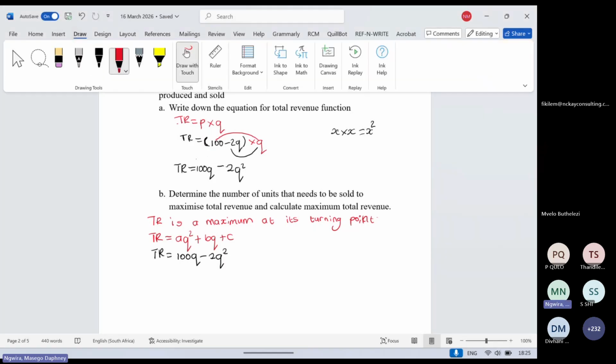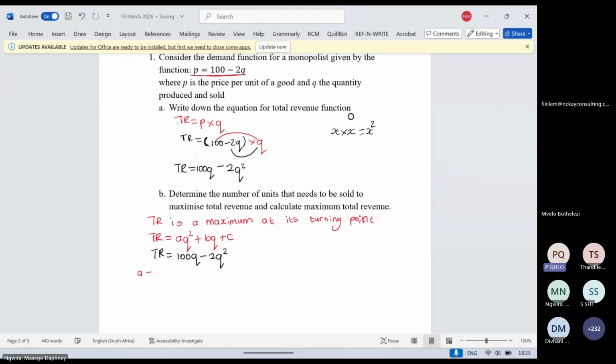Tobani, your hand is up. Yes, ma'am. Can we sort this equation of TR starting with negative 2Q squared plus 100Q? Or you want me to rewrite it? Okay, yes, I can do that.